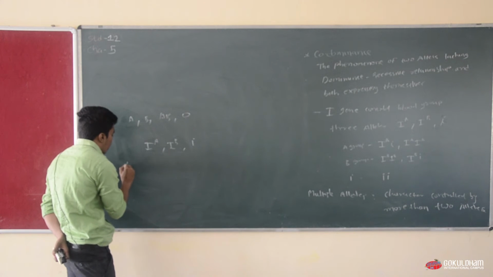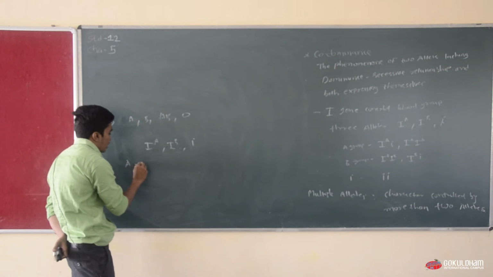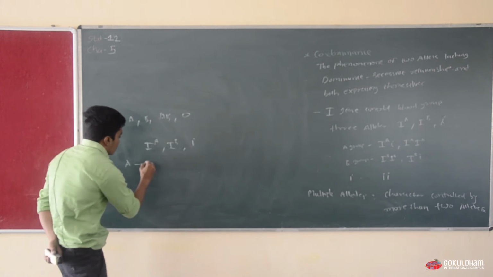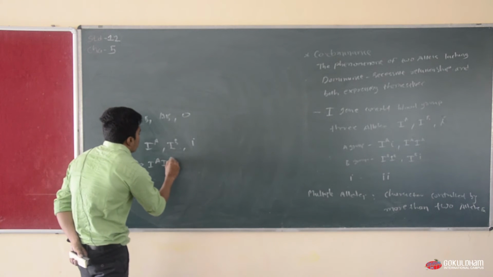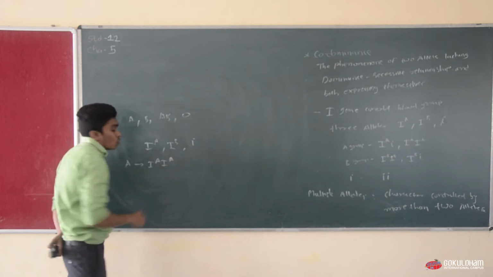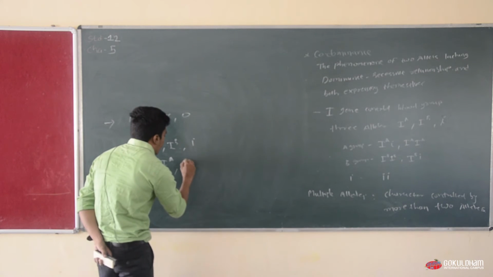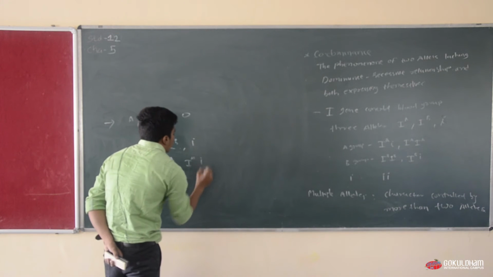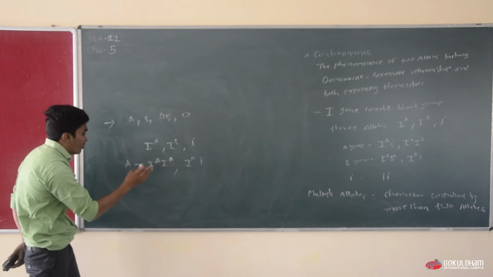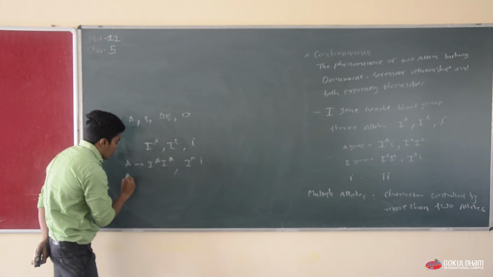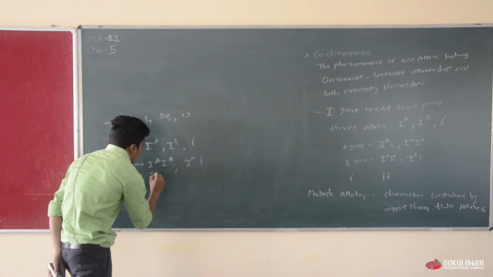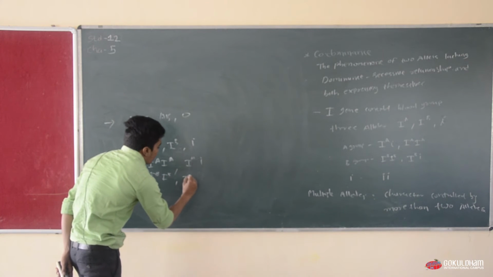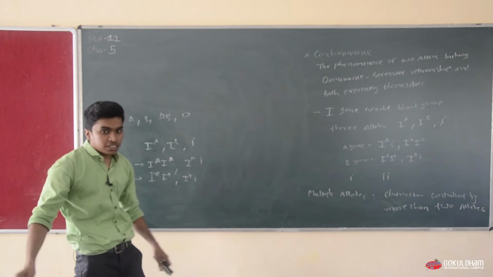In blood group, a person having blood group A will have allele IA, either homozygous or heterozygous. Likewise, in blood group B also allele IB in homozygous and in heterozygous form.